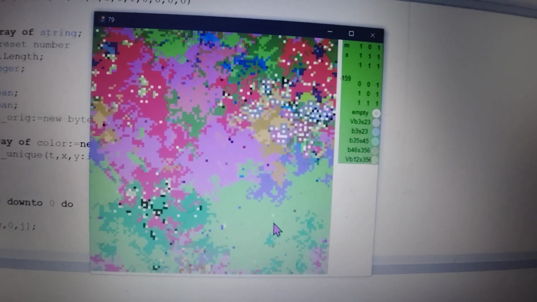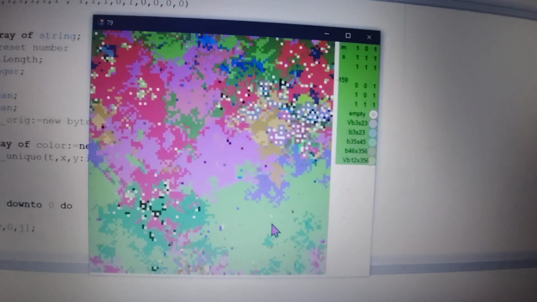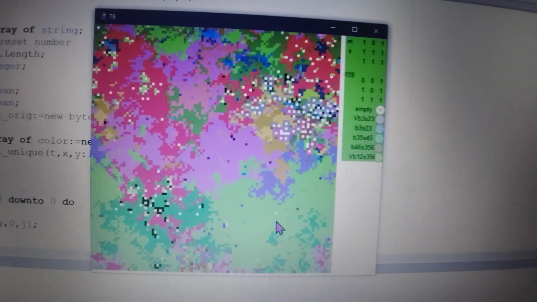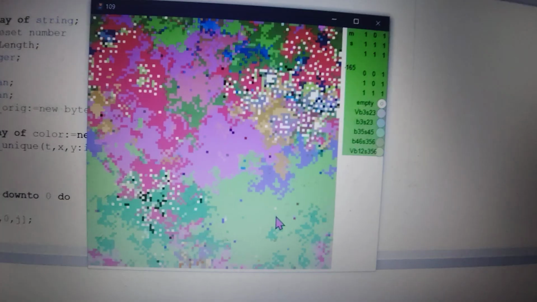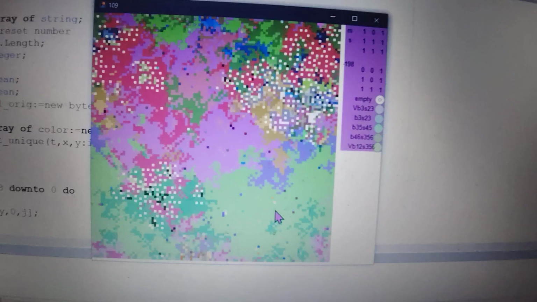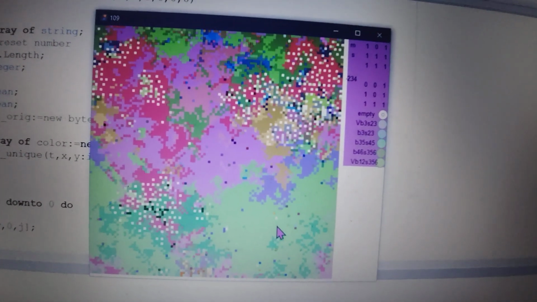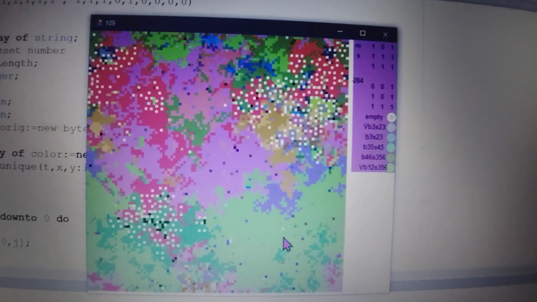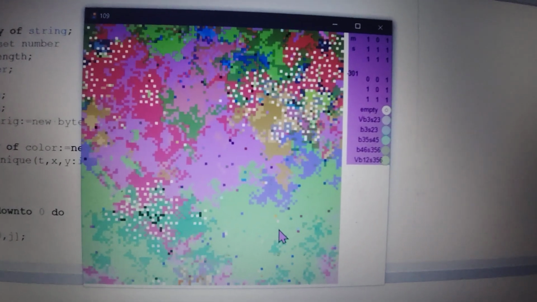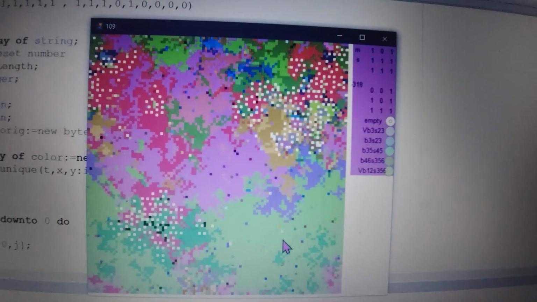Oh, new thought. What if we put here the sustain rule? Oh, something moved. Something is moving. But yeah, not very much. Can it evolve into something lightweight though? What if it can?